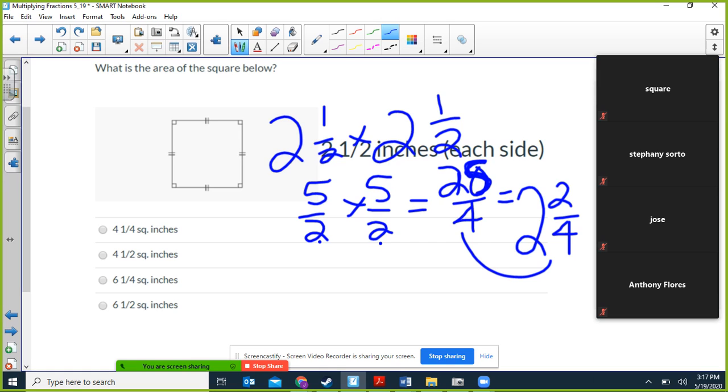So that would obviously change. That should be 6 groups of 4 out of 25. That would leave you 1 left over. So your final answer would be 6 and 1/4.